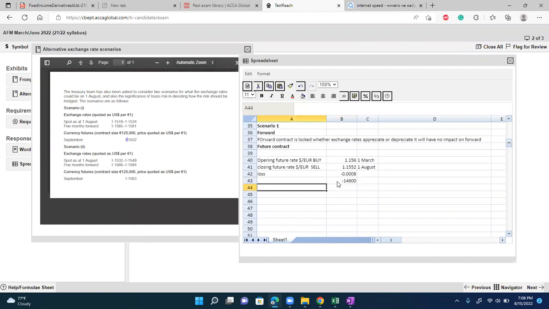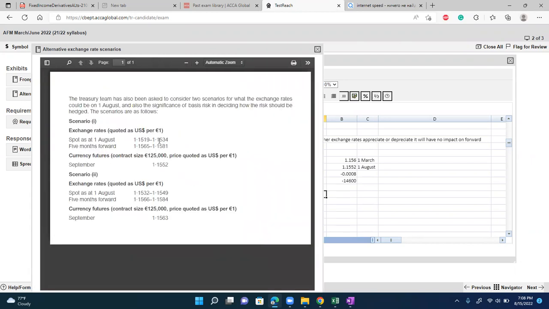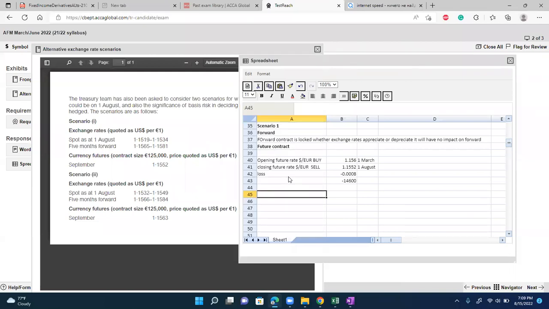Okay, now what is the spot in the market now? In scenario 1, what is the spot in the market? 1.1534. You will do the actual transaction at 1.1534.